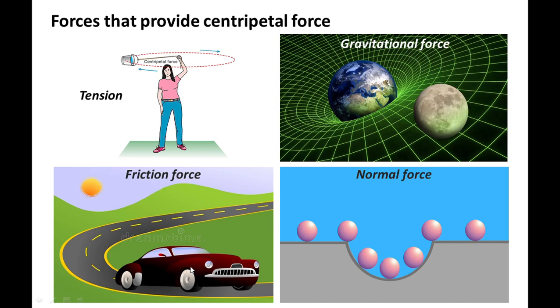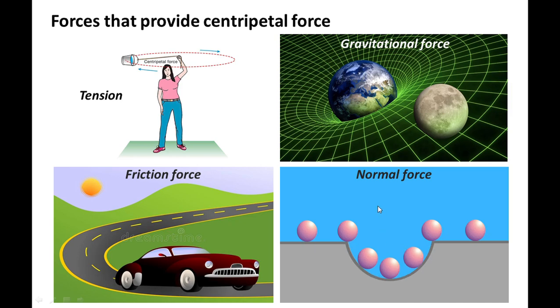For the case of a car moving on a curved concrete road, the force that is providing this attraction of the object towards the center of the circular path is the frictional force. While for this object, say for example, a marble that is being rolled on the ground, we have a circular path.